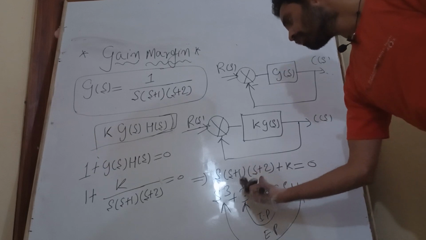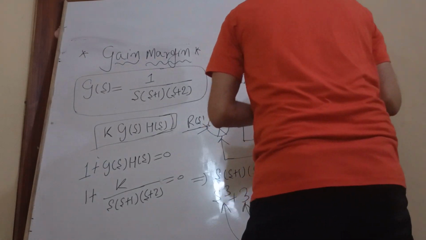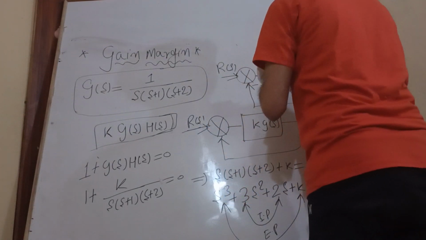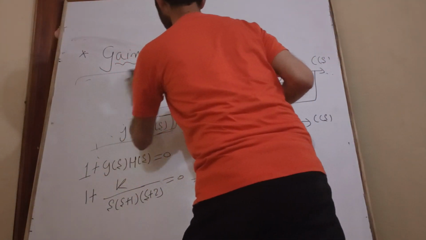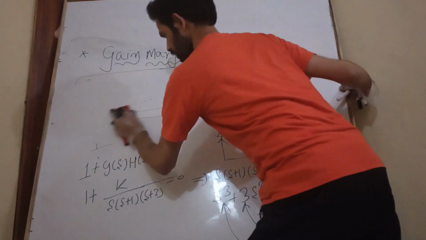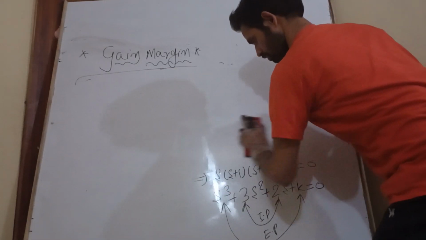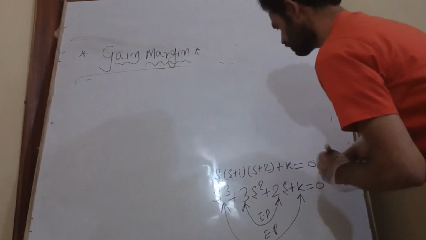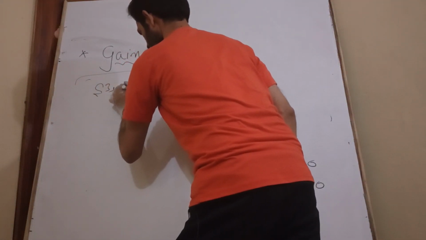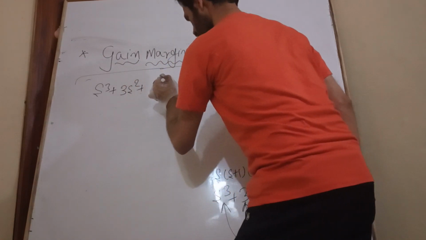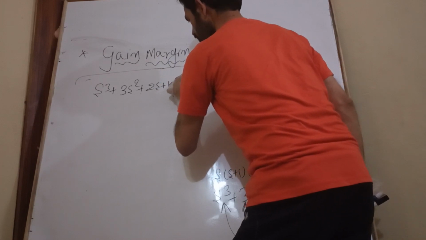Why the RH criteria? When we write the RH table, let's see here, I am writing this one. If you see here, s cube plus 3s square plus 2s plus k is equal to 0.